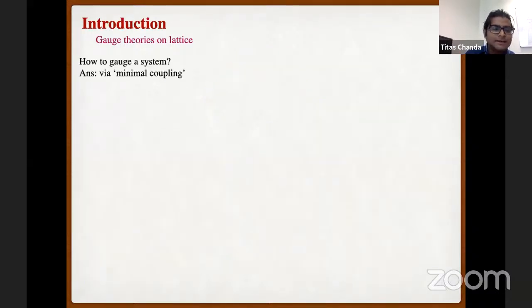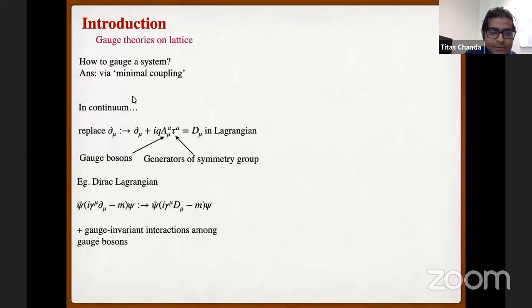Now let's get a little bit technical and ask ourselves the question: given a system, how do we make it gauge invariant? That is, how do we gauge a system? The simplest answer is via minimal coupling. How to do it? In the continuum, we just replace the usual derivative by the covariant derivative in the Lagrangian. Here Q is the coupling strength; in QED, it will be the electronic charge.